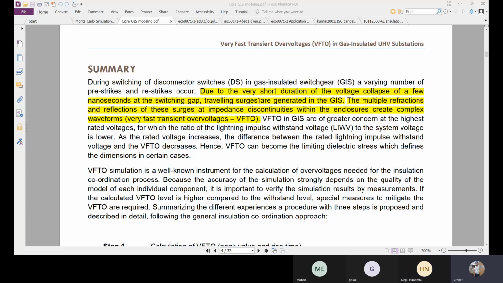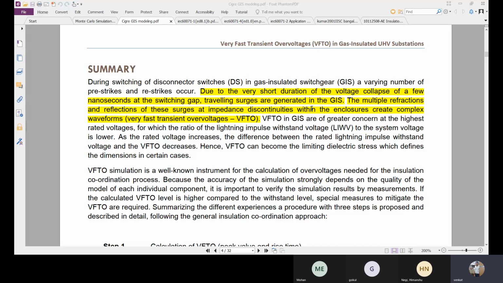But I hope you don't know about the ranges of voltage where we have to perform SFO and VFTO. In the lower range, they used to perform only VFTO, because below 245 kV SFO doesn't have that critical an impact, so they stop with VFTO only. But in general, whenever we have gas insulated switchgear, we have to perform these VFTO studies.